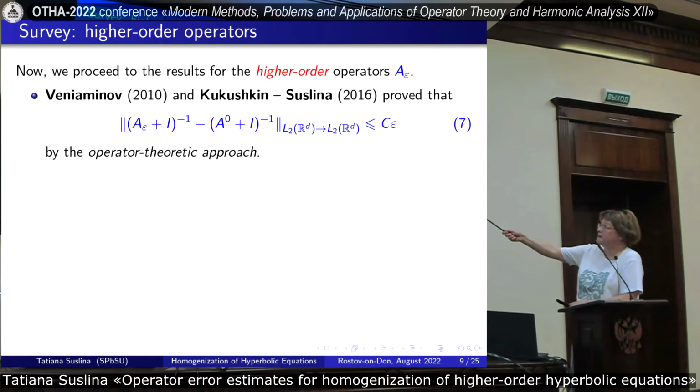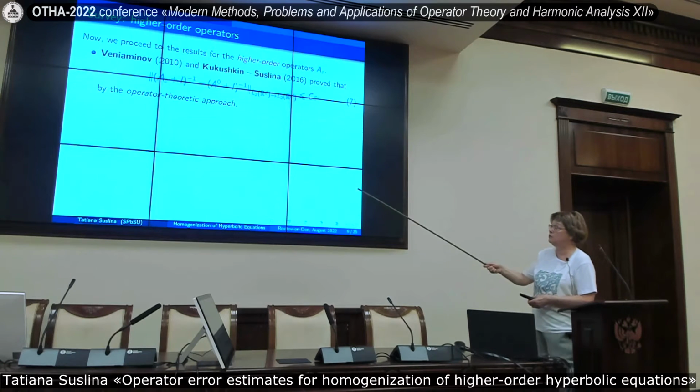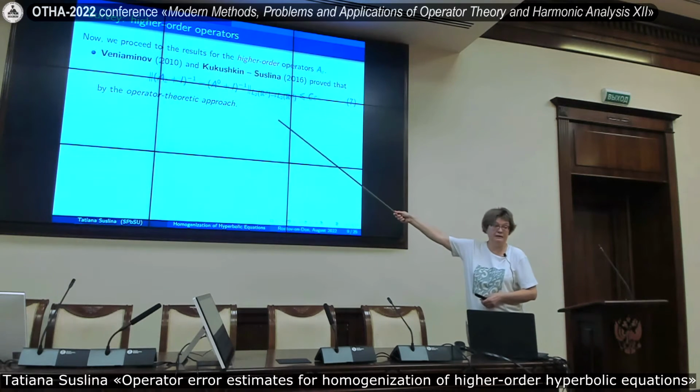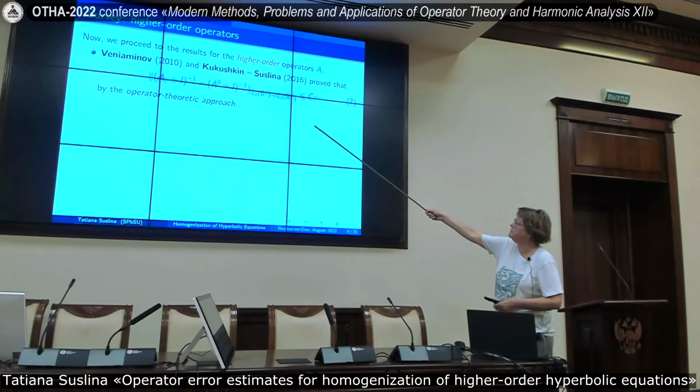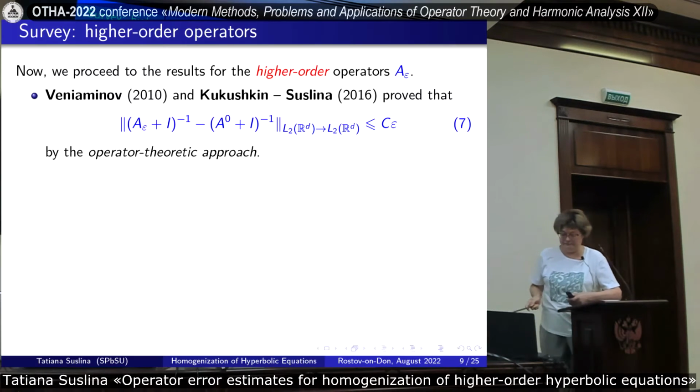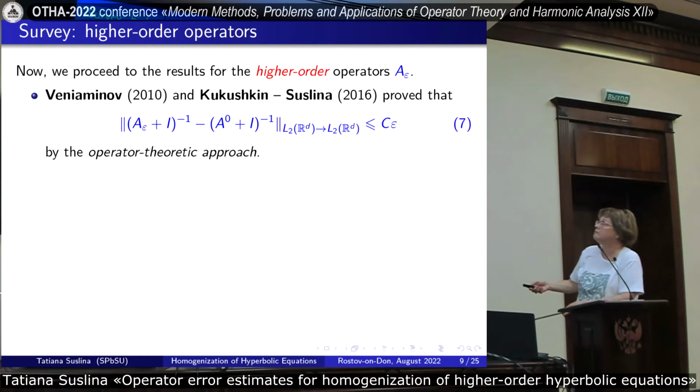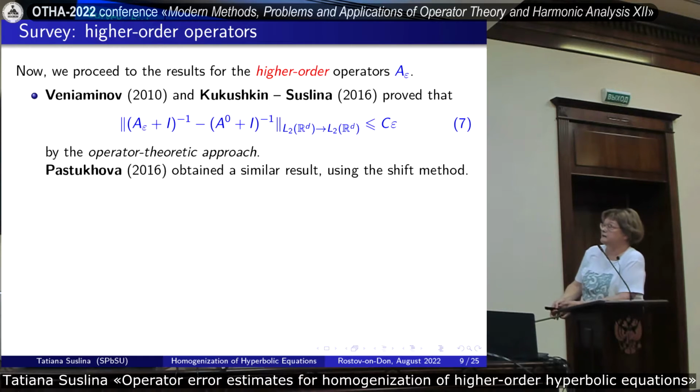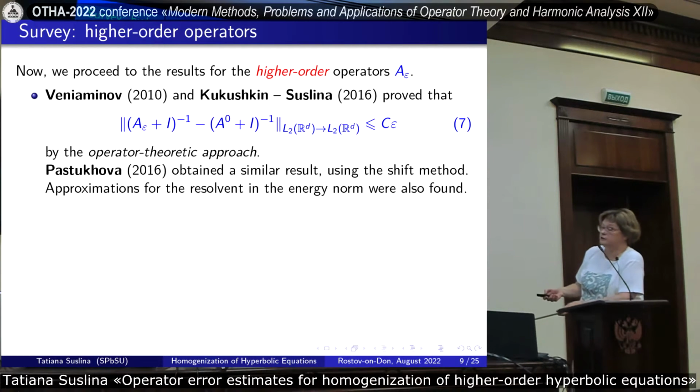So this estimate is the same as for the second order operators, but now A epsilon is of higher order 2p, estimate 7. Svetlana Pastukhova obtained a similar result using the shift method. Also, approximations for the resolvent in the energy norm were found.